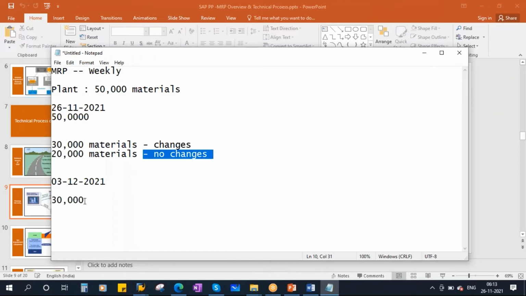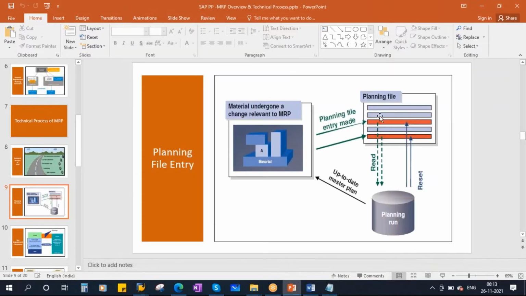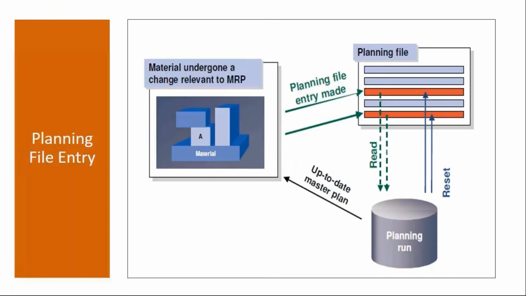So now the question is how to identify these 30,000 materials. There should be some indicator in the system that these materials have undergone change after the previous MRP run. For that, they use the planning file entry. Whenever a material undergoes a change relevant to MRP, an entry is made.